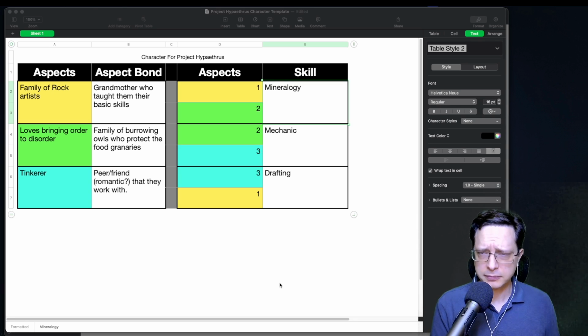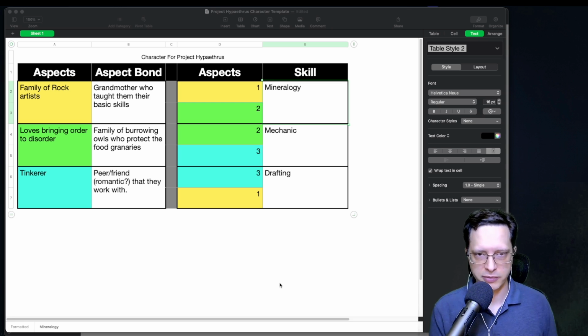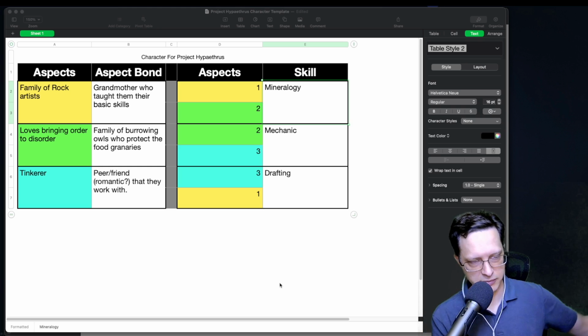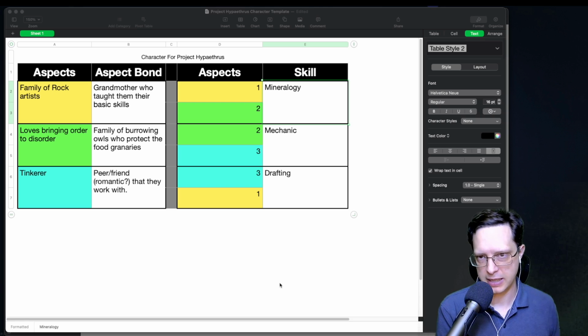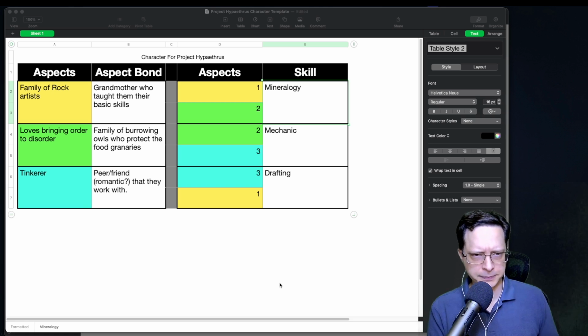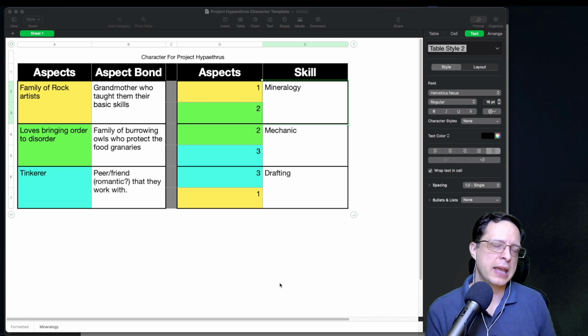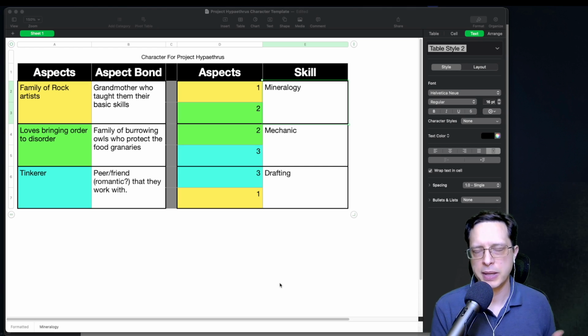So I'm thinking this community has, over the many years of the post-apocalyptic period, domesticated a species of burrowing owl to replace the role that cats traditionally would have played in early human societies. And I'm thinking our character played a pretty significant role in this family of burrowing owls that helps protect the food granaries for the community.